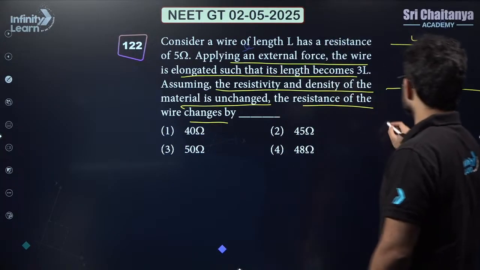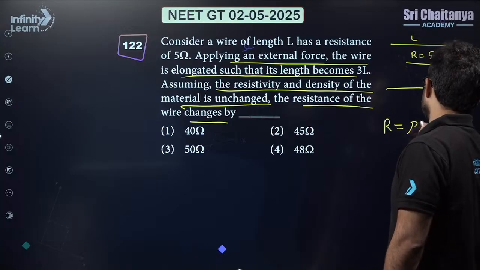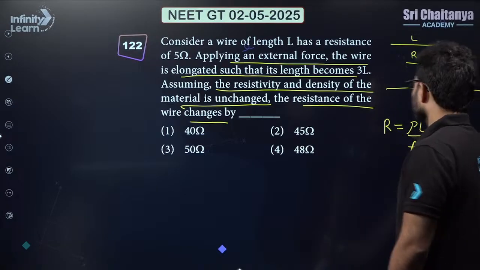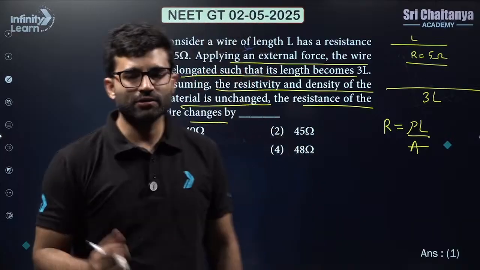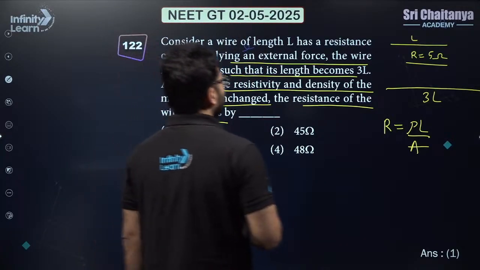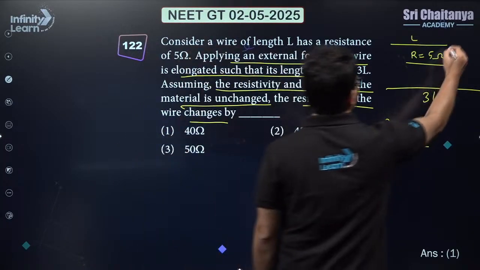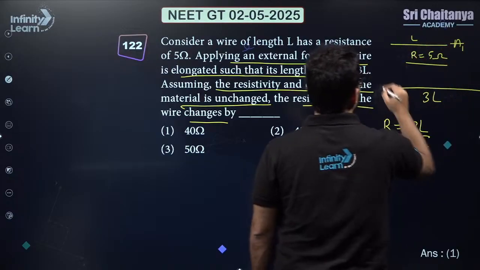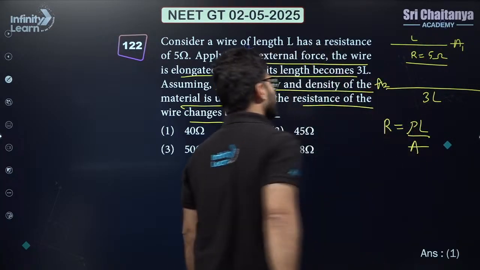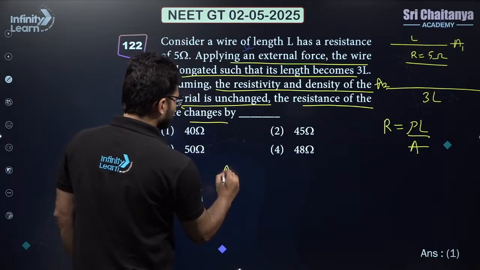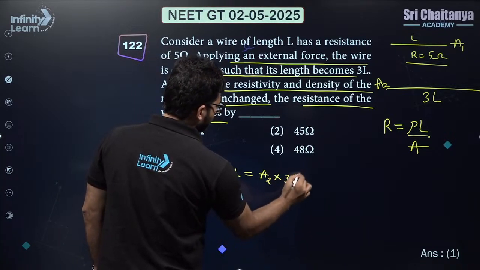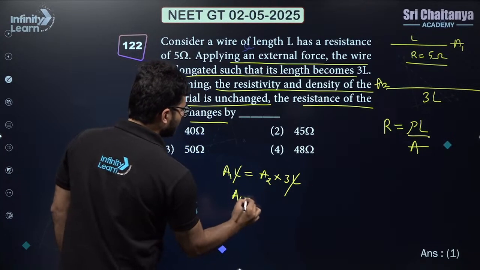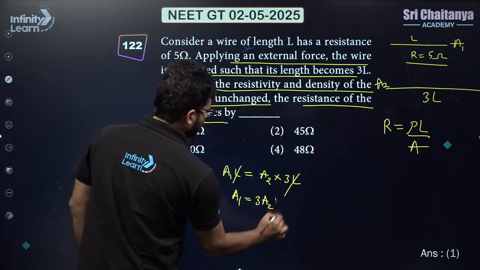You know resistance is rho L by A. So what else is changing apart from length? Area is also changing, because the volume has to remain constant. Let's say the area here is A1 and the area here is A2. So A1 into L should be equal to A2 into 3L. So A1 has to be equal to 3 times A2, correct?